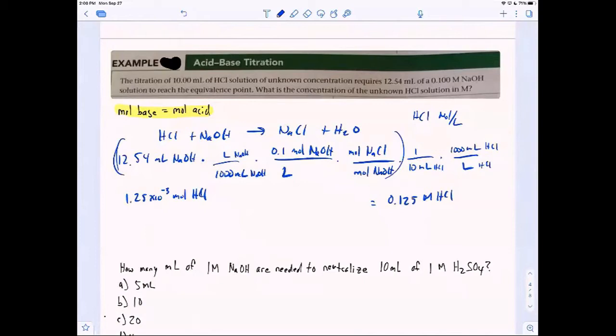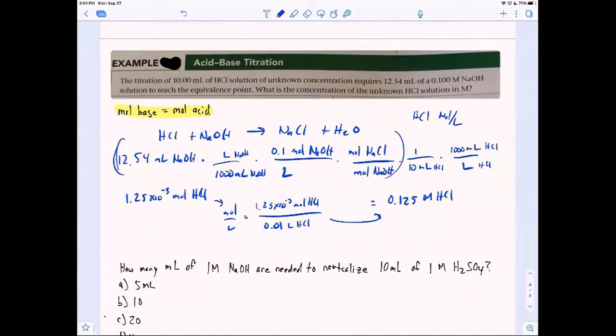Then if you want to go the molarity, moles per liter, this is going to be 1.25 times 10 to the minus 3 moles HCl over 0.01 liters HCl. And then of course you get the same thing. Sorry, if I teach you something, I show you another way to do it. But these are all valid ways.